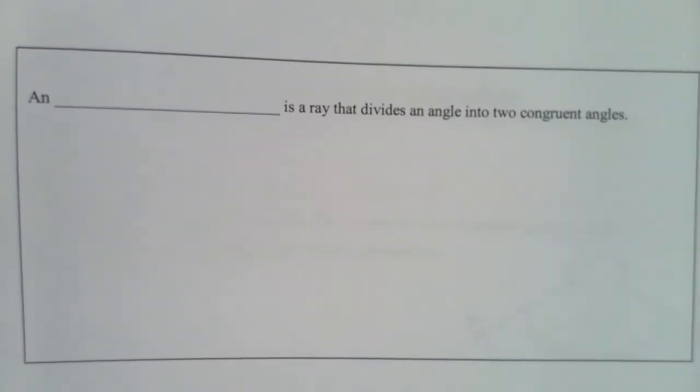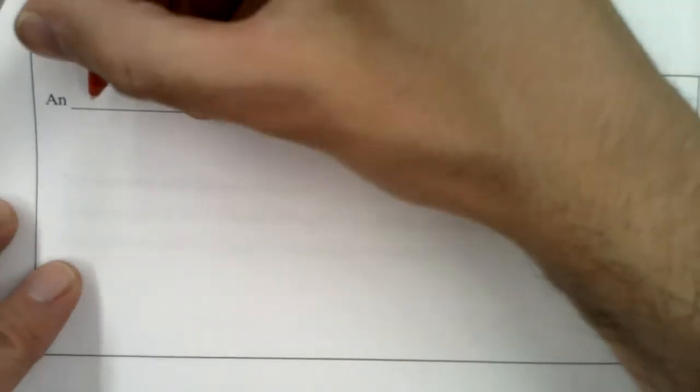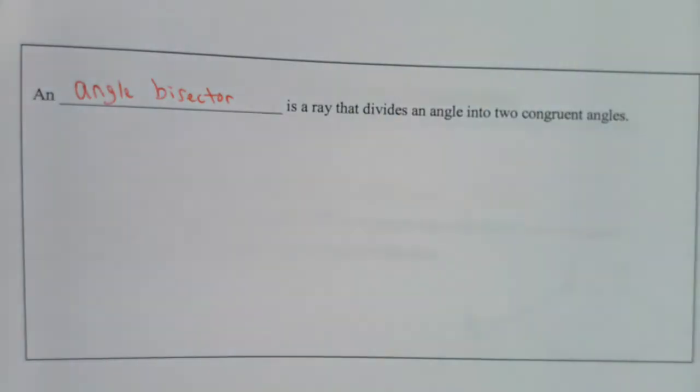Okay, last page in this long lesson. We have a definition, and it's angle bisector. An angle bisector is a ray that divides an angle into two congruent angles. So let's draw an angle and let's bisect it.